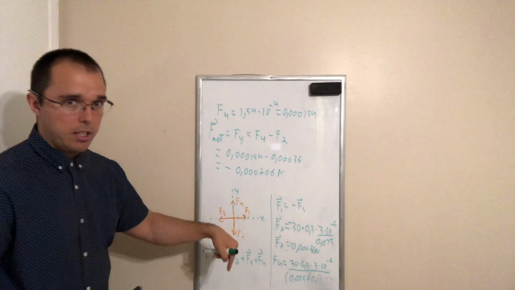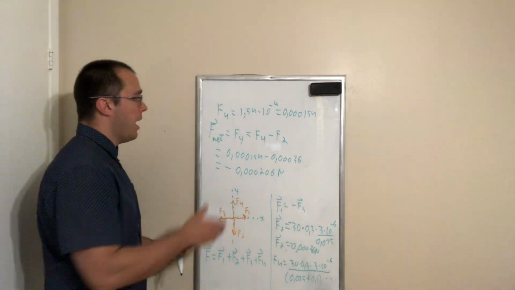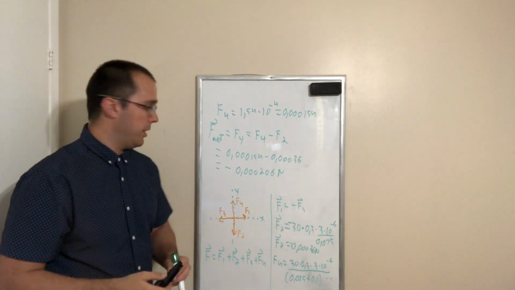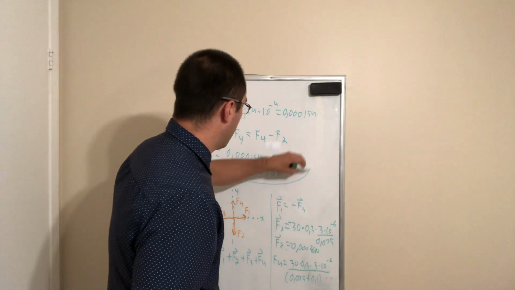So minus, which means that the resultant force is pointing downward, which means that the frame will be repulsed from the top current carrying wire. Okay, so this is our answer.